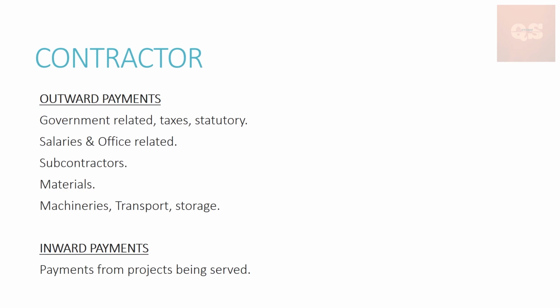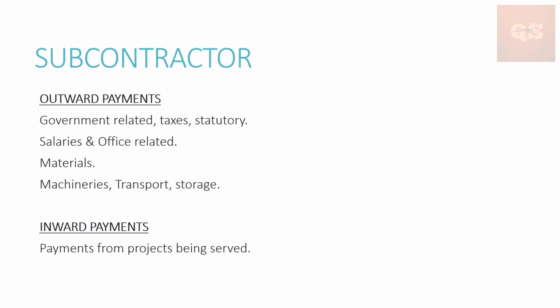They will calculate how much the expenses are, and all of these will be included in their contract finally. Basically they will be working towards a profit. Once the project is completed, their basic aim is getting a profit, that is, the outward payments should be lesser compared to the inward payment. That should be their basic aim.